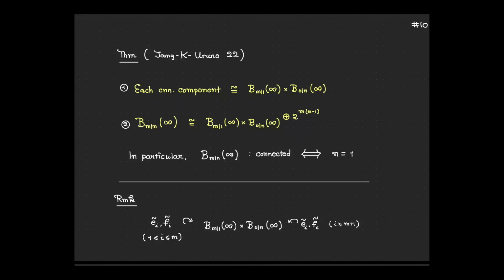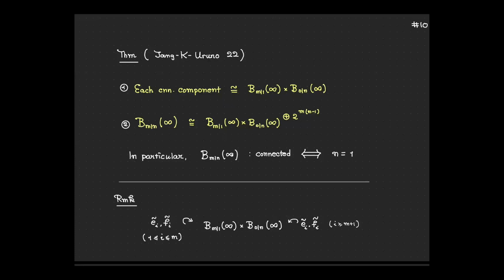So as a crystal over GLmn, the reason why I use the Cartesian product is that the crystal operators for GLm1, so the index i is from 1 to m, only act on the first component, and the remaining, the even crystal operators, act on the second component only.